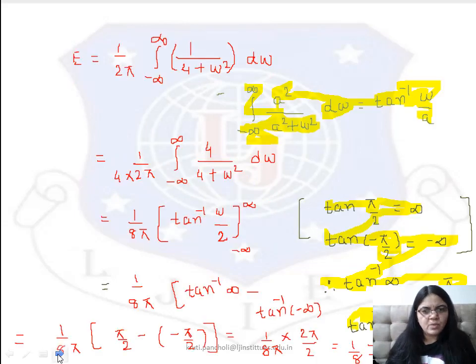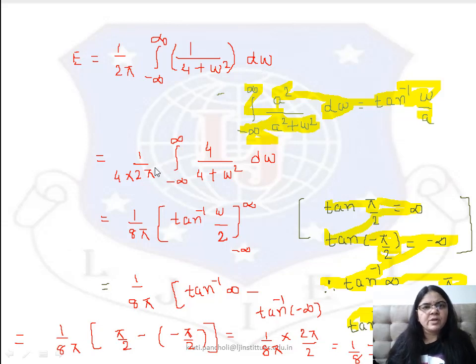Now we put this value in the equation: E = 1/(2π) ∫ from −∞ to ∞ of |X(ω)|², which is 1/(4 + ω²) dω.